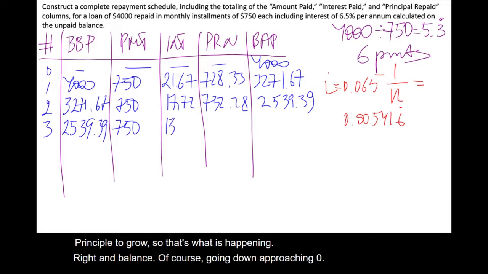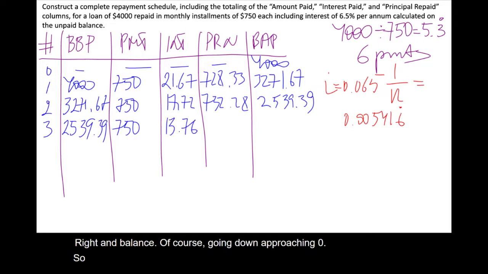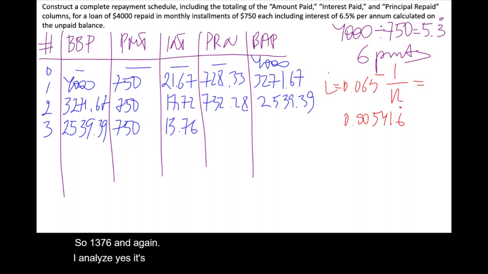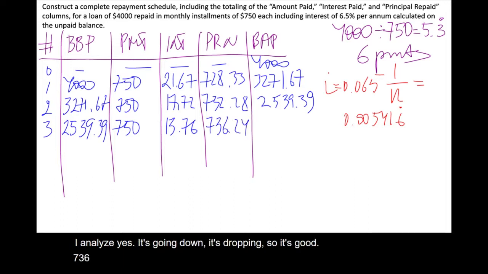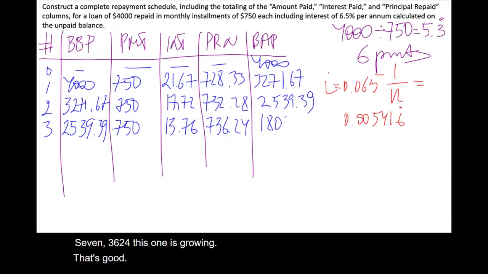So 13.76, and again I analyze, yes, it's going down, it's dropping, so it's good. 736.24, this one is growing, that's good. And I pay my loan slowly but surely.